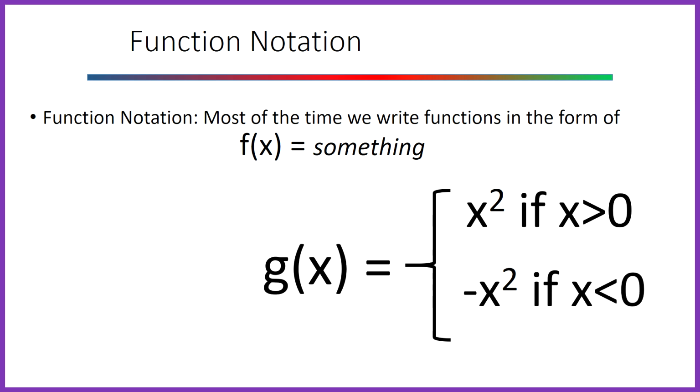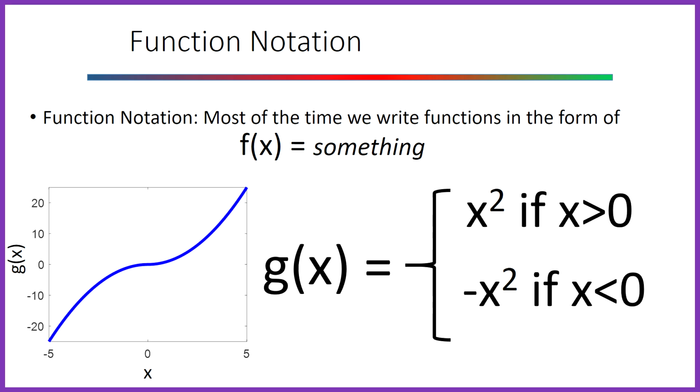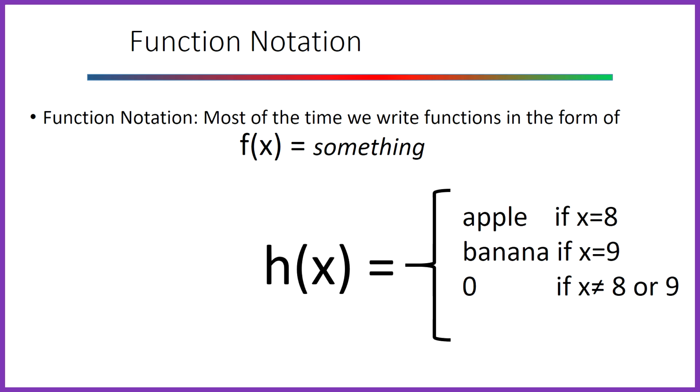If we were to graph this now, we can see that we have a smooth function that increases rapidly, plateaus, and then increases again. When x is greater than 0, this graph is the same graph we would get if we graphed y equals x squared. But if x is less than 0, it's the same graph we would get if we graphed y equals negative x squared.